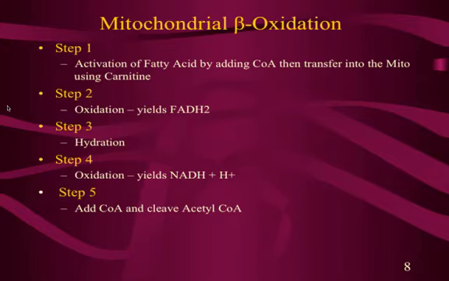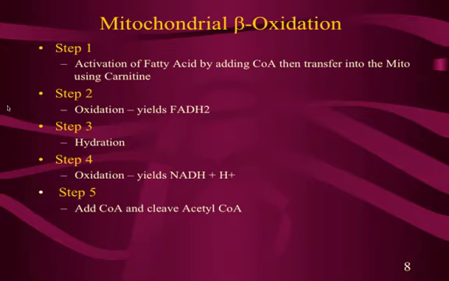Step 1 is the activation of the fatty acid by adding CoA, then transferring it into the mitochondria using carnitine. Step 2 of beta oxidation is an oxidation step. That generates FADH2. Then hydration, so water is added to the molecule, then another oxidation step. So one way to think about beta oxidation is beta is 2.